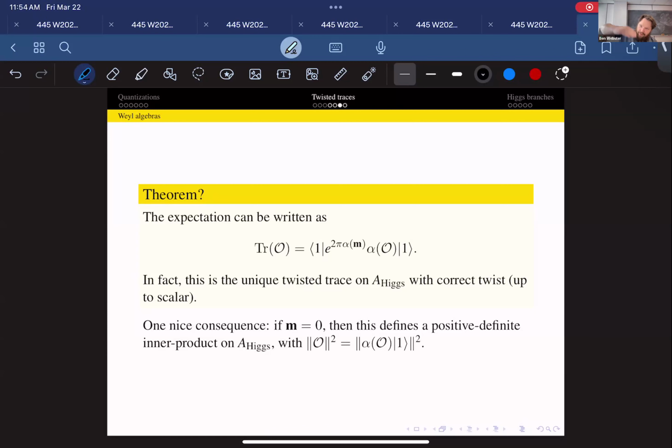And the stuff you kill is exactly the kernel of that pairing. It's called the, shoot, I'm blanking on the name. It's a long Russian name. Shapovalov. Shapovalov, that's what it is. Right. So I'm hoping to see a similar kind of story with these Coulomb branches.